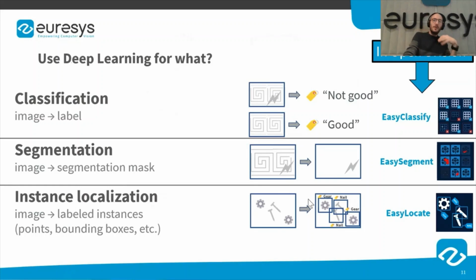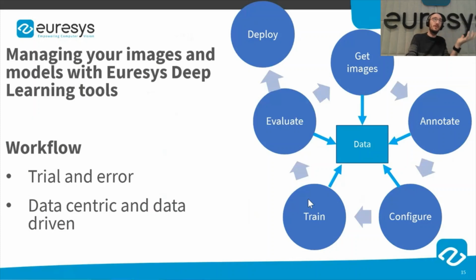So now let's talk about how exactly can we put that into practice and develop deep learning models with Euresys tools. We've tried to develop a kind of iterative workflow based on trial and error, which is data-centric and data-driven. Here in the little drawing, we usually start by getting images. Then we annotate, we can configure the tool and the training parameters, we train a model, and then we need to evaluate the results.